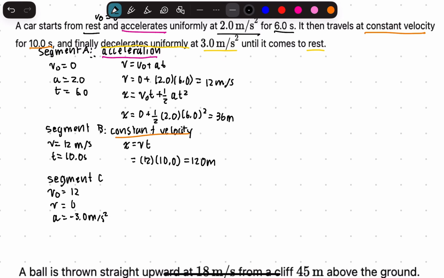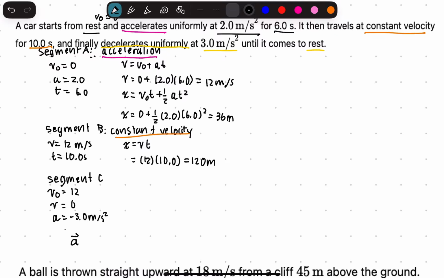That's because we're decelerating, and acceleration is a vector which incorporates the direction, so that is the reason why.